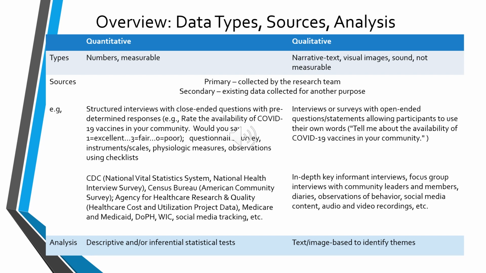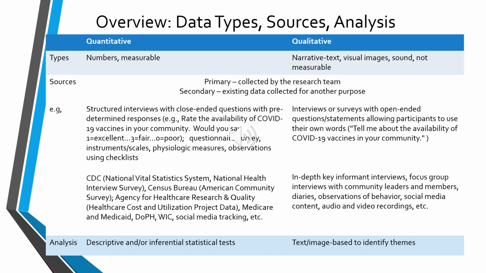When collecting quantitative data, we might use an interview or a survey that has questions with pre-specified responses. An example is, please rate the wait time between contacting your public health clinic and when you were able to schedule a visit for breast and cervical cancer screening.